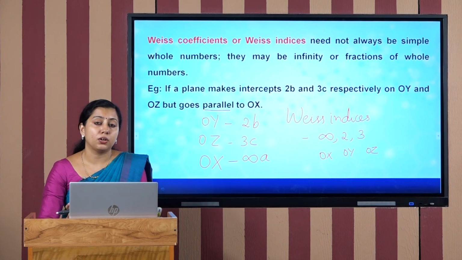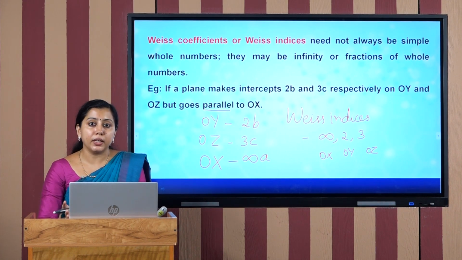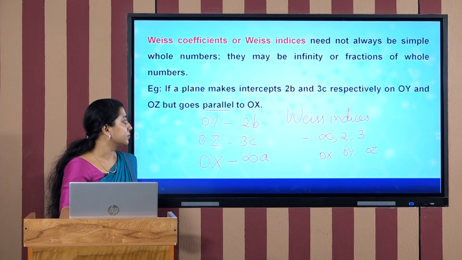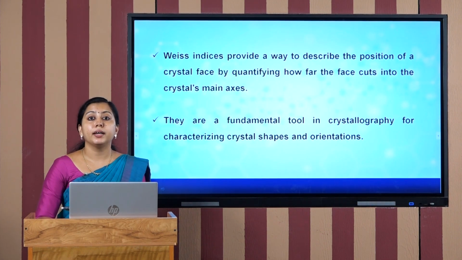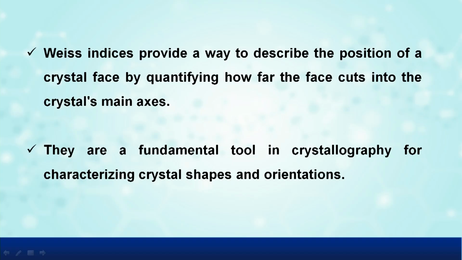They can be fractions or they can also be infinity. Weiss indices provide a way to describe the position of a crystal face by quantifying how far the face cuts into the crystal's main axes. And Weiss indices are a fundamental tool in crystallography for characterizing crystal shapes and orientations.